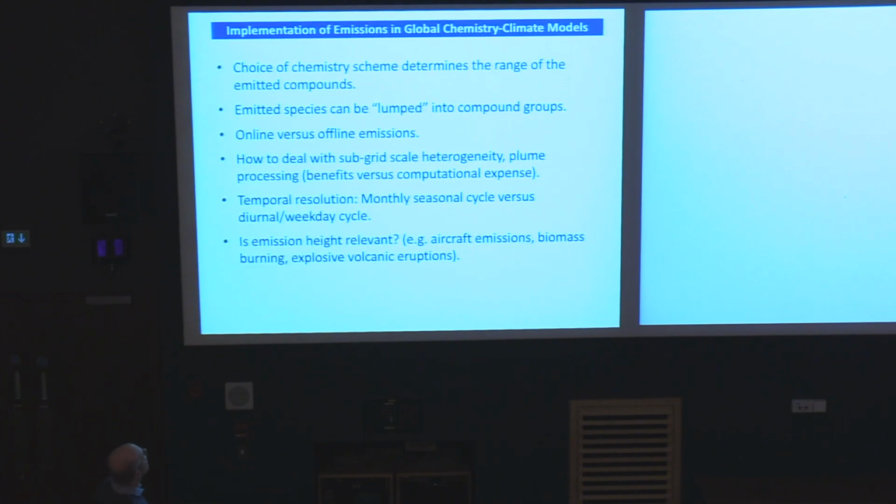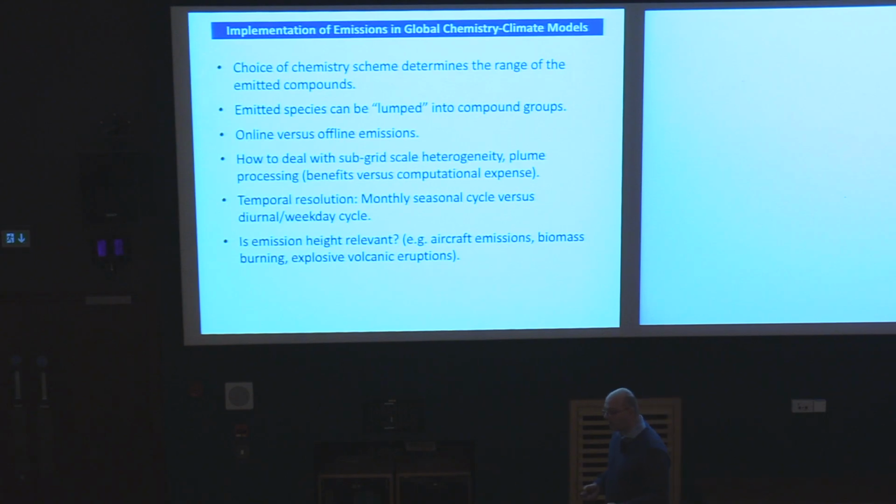Okay, so for the remainder of the talk, I will look at emissions, how they're implemented in models, and particularly in UKCA. I recently compiled an entire suite of time-varying emissions for UKCA to be used in transient model runs.